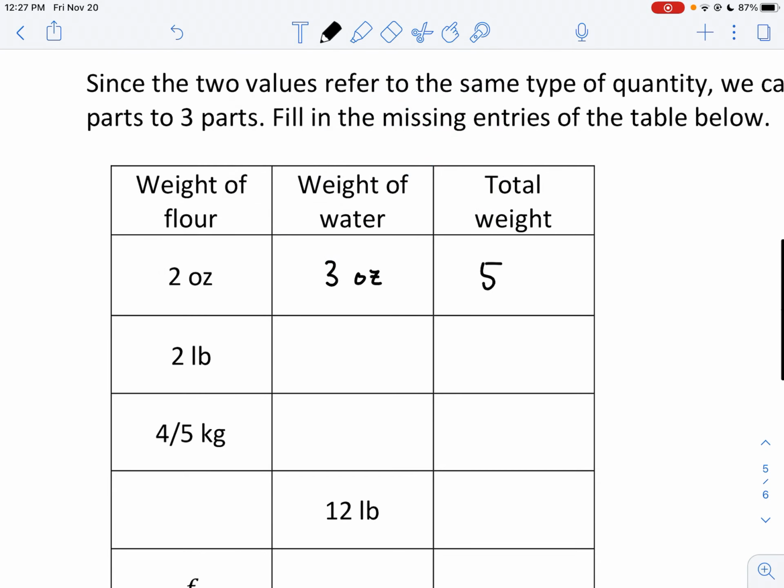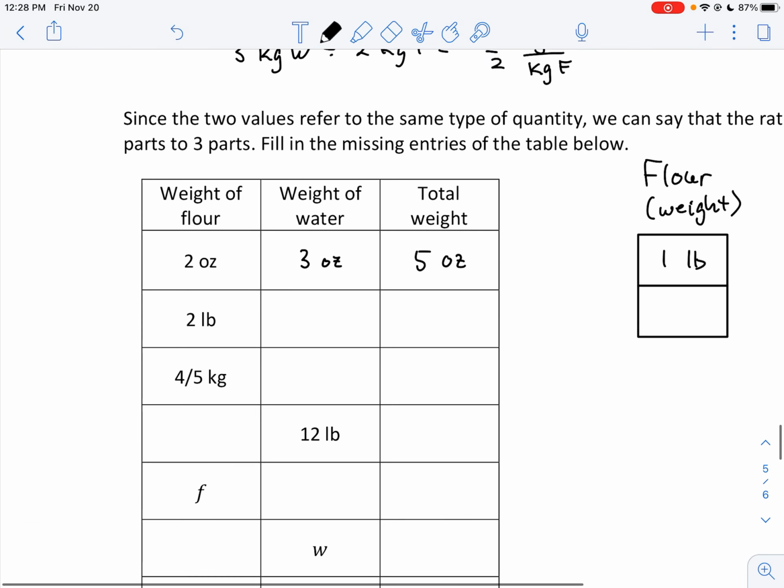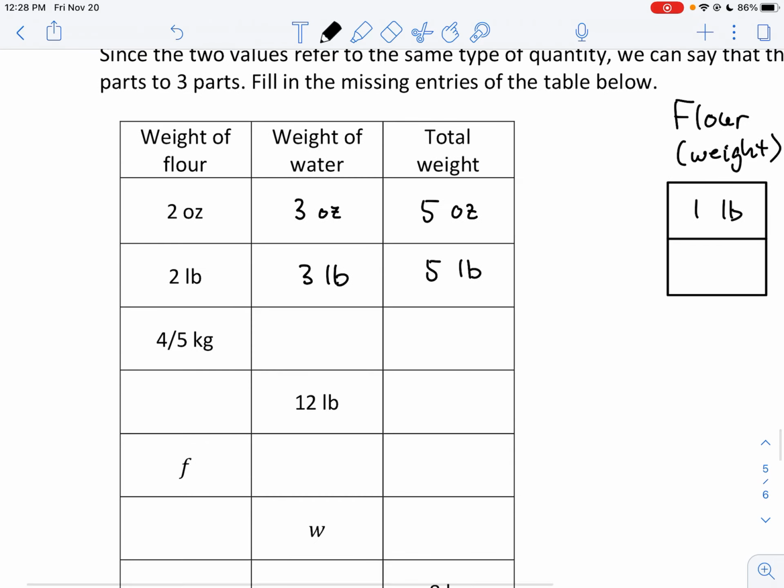And of course, the total would be just add those together, and we get 5 ounces total. If I put 2 pounds, that would just be put a pound in each box, right? So there'd be a pound in each. Doesn't matter what the unit is, as long as it's a measurement of weight. Volume. So don't do cups or gallons, that wouldn't work out.